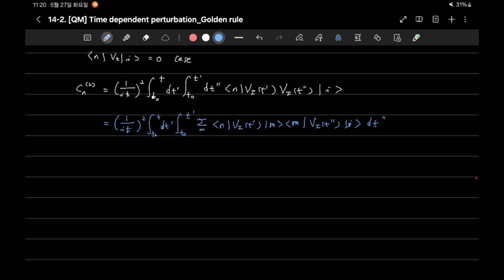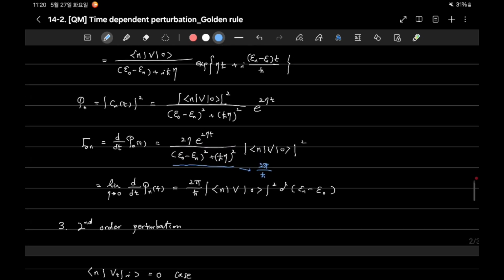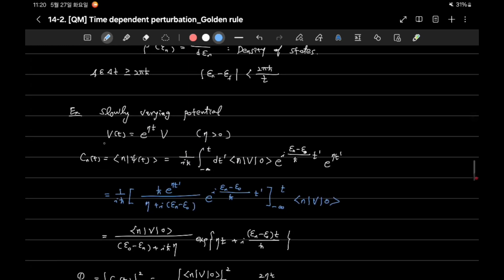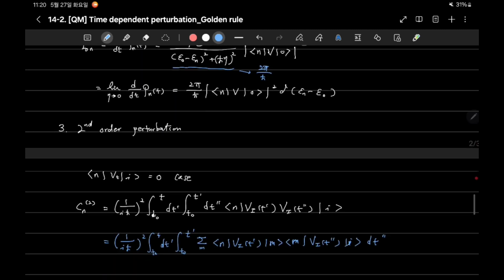Because let's apply that the potential is a slowly time varying potential. Let's apply this slowly varying potential.